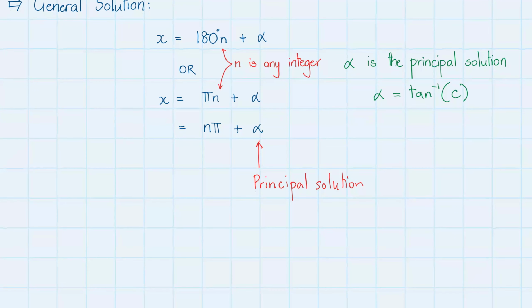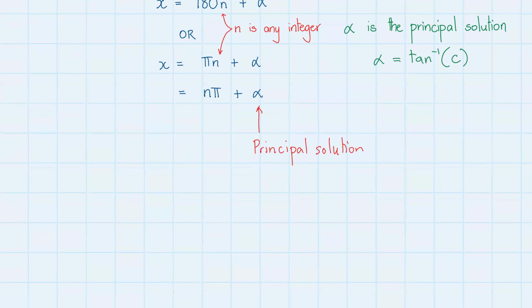So for example, if you were asked to find all the answers to this problem, tan of x is equal to 0.5, and you're asked to work out all the values of x between 0 and 360 degrees. What are all the values of x that make this true for x between 0 and 360 degrees?